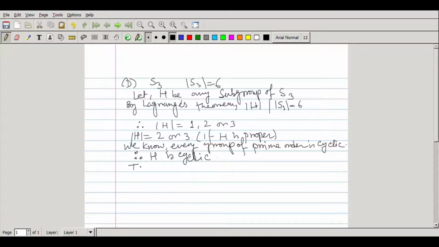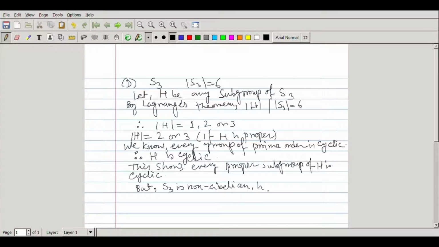This shows every proper subgroup of S3 is cyclic, but S3 is non-abelian, hence non-cyclic.